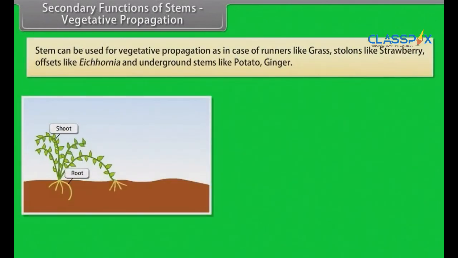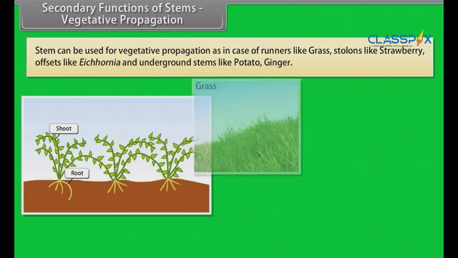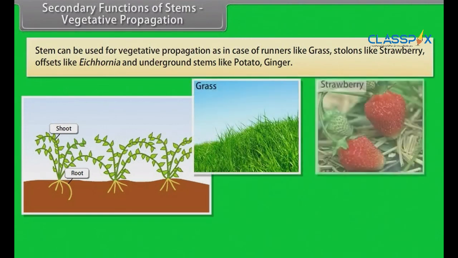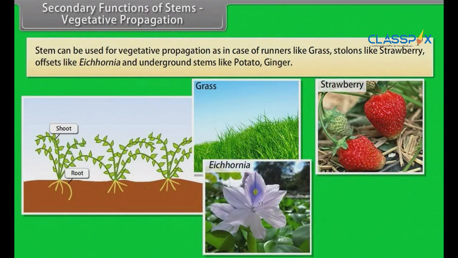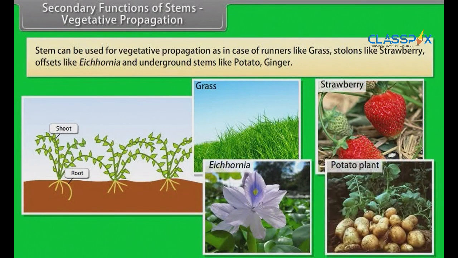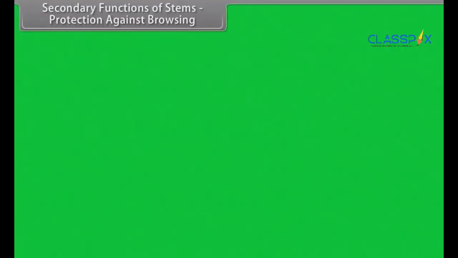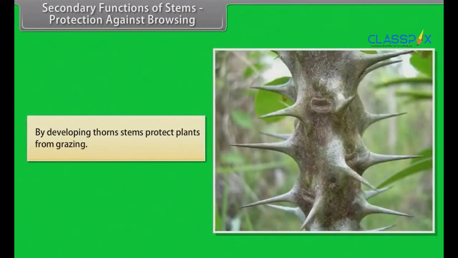Stem can be used for vegetative propagation, as in case of runners like grass, stolons like strawberry, offsets like Eichhornia, and underground stems like potato, ginger. Secondary functions of stems. Protection against browsing. By developing thorns, stems protect plants from grazing.